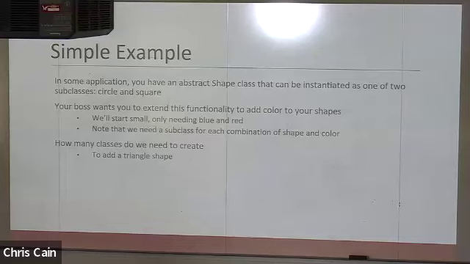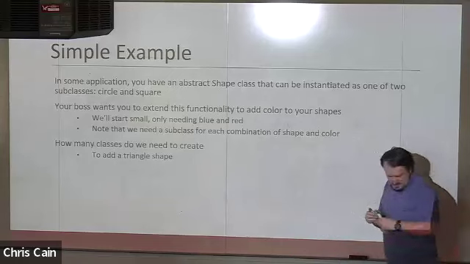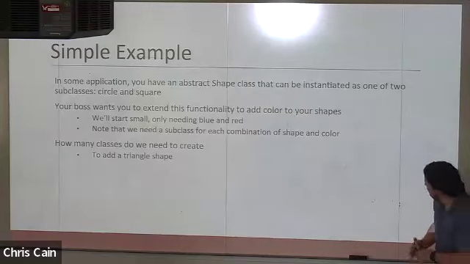For everything or just the triangle? Just the triangles. How many classes do we need to add to our existing 4-class hierarchy? So let me actually draw this out. Just going to dump out all of them.